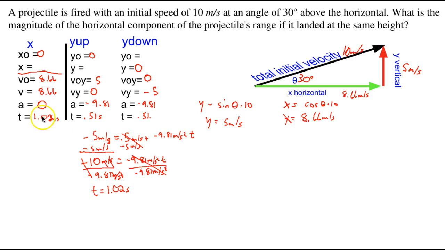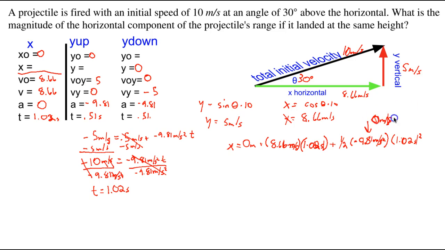Now, using this time, I can use the x final equals x initial equation to figure that out, and I'm going to do that for you now. All right, so our answer is 9 meters when we include significant figures.